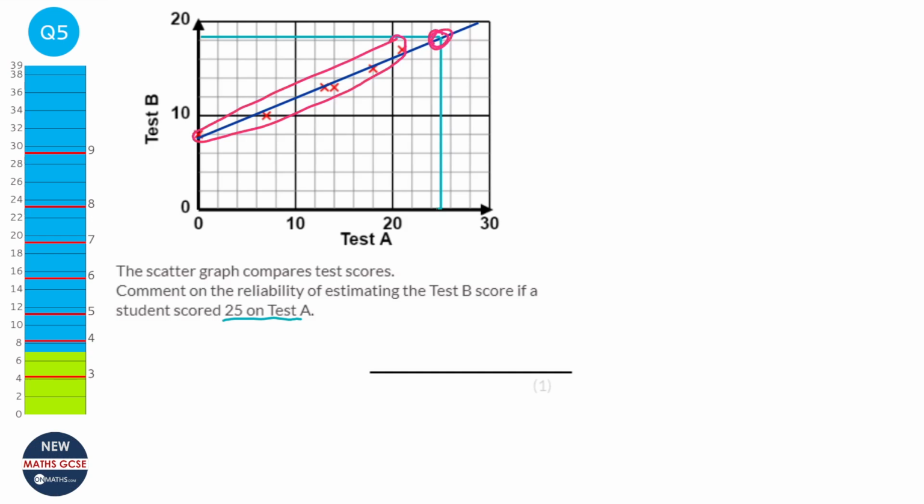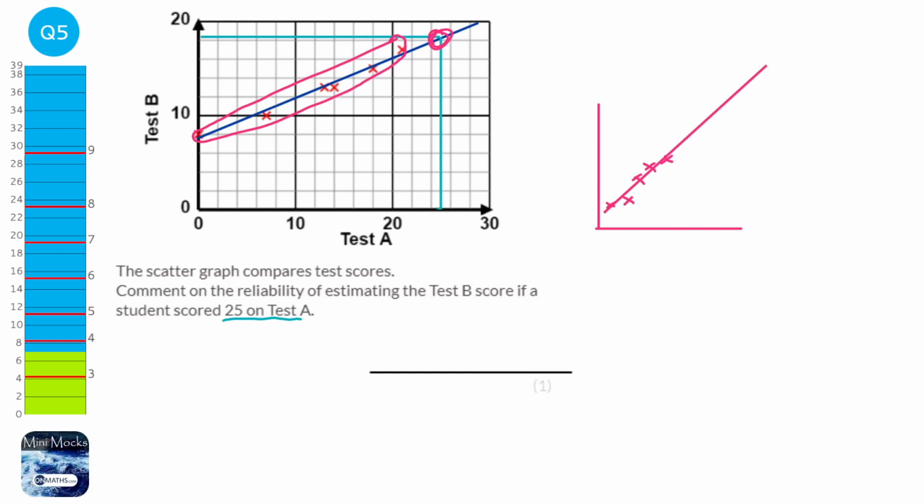We have no idea. For instance, if you were to plot a scatter graph of height against age, we would see it would increase like that, but that line doesn't continue on forever. You're not a 10-foot giant at the age of 30. You do slowly stop growing, and so we don't know whether the trend continues. So we call this extrapolation.